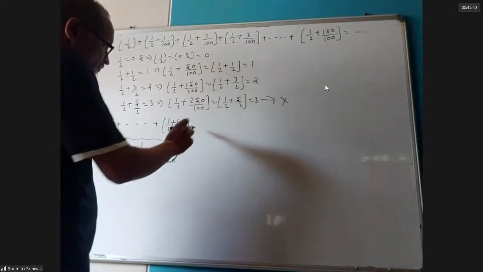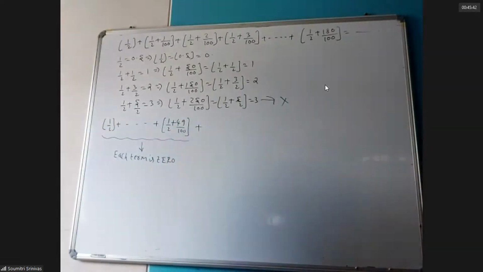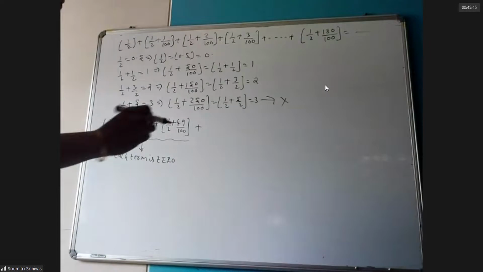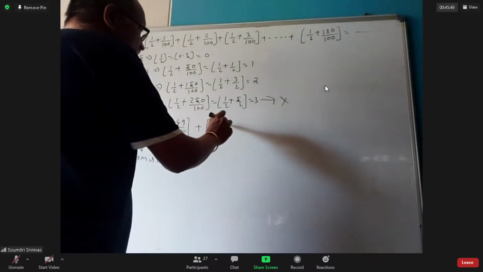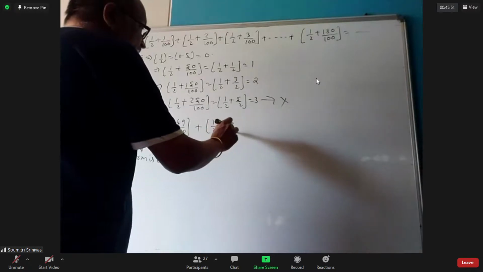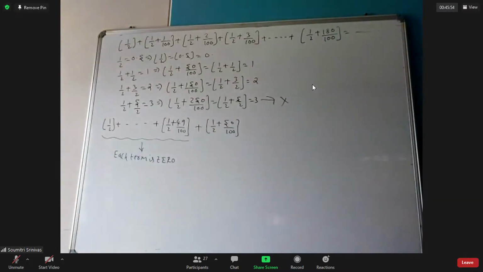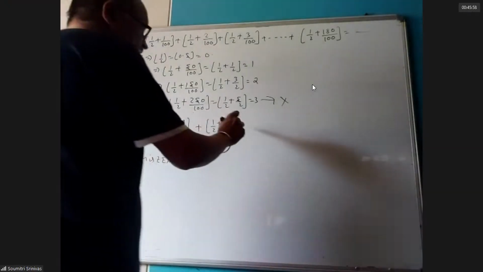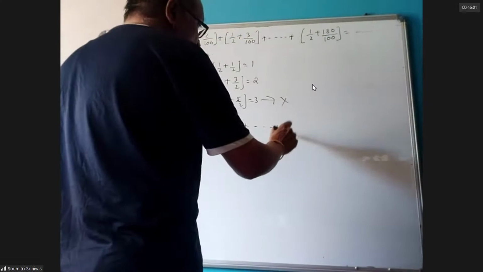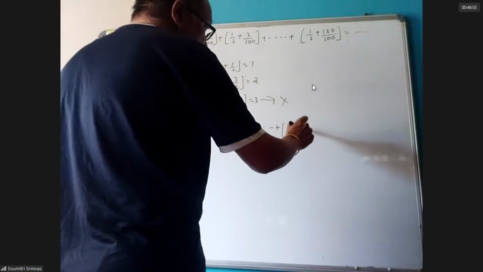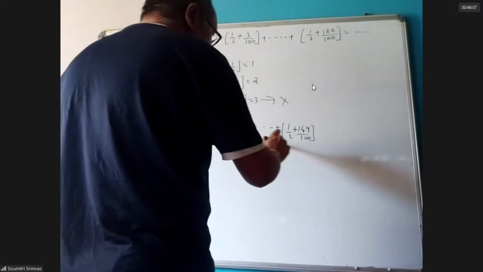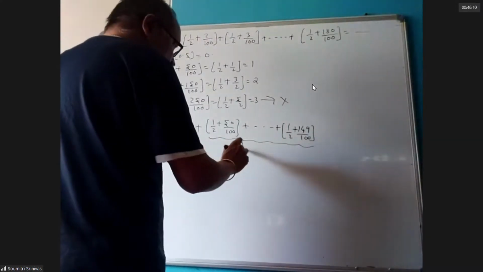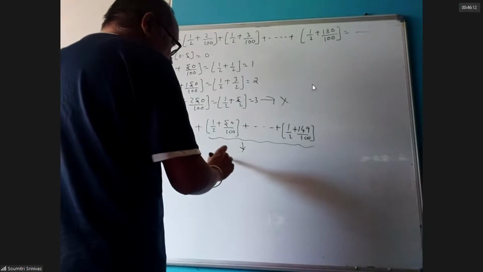Plus, next, starting from where? 1/2 plus 50 by 100 up to where? Up to 149 by 100. What is each term's contribution? 1. Each term is 1.